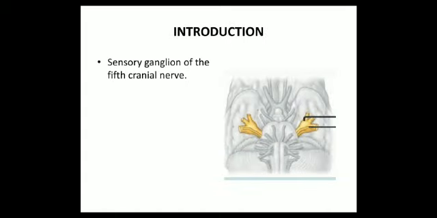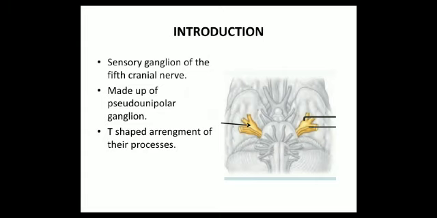The trigeminal ganglion is a sensory ganglion of 5th cranial nerve. It is also known as the Gasserian ganglion. It is made up of pseudo-unipolar ganglion as seen in the dorsal nerve root ganglia of the spinal nerves. So, we have seen the nerve roots in the spinal nerves, dorsal root ganglion, they are pseudo-unipolar nerves.